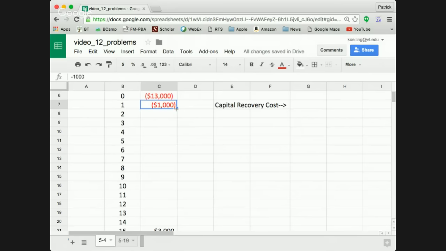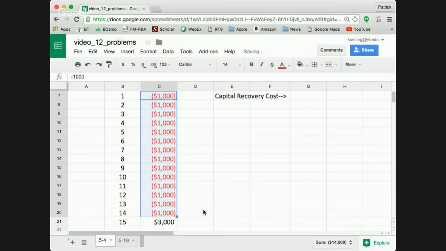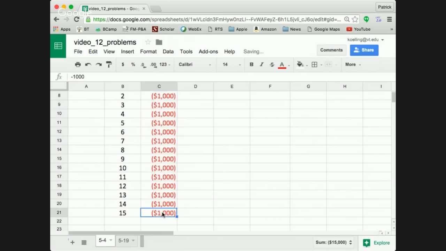You can see there may be a problem when we get to year 15 since we already have a number there. So in year 15, we have negative 1,000 plus 3,000. So I'm going to go ahead and drag that down, negative 1,000 plus 3,000. And if I put an equal sign in front of it, it may actually give us a number.